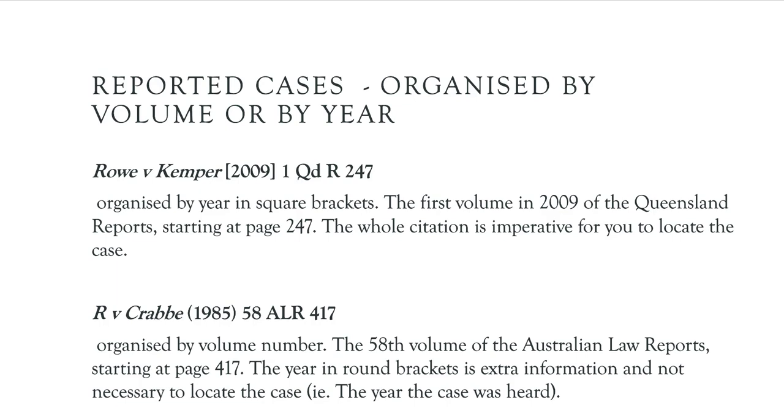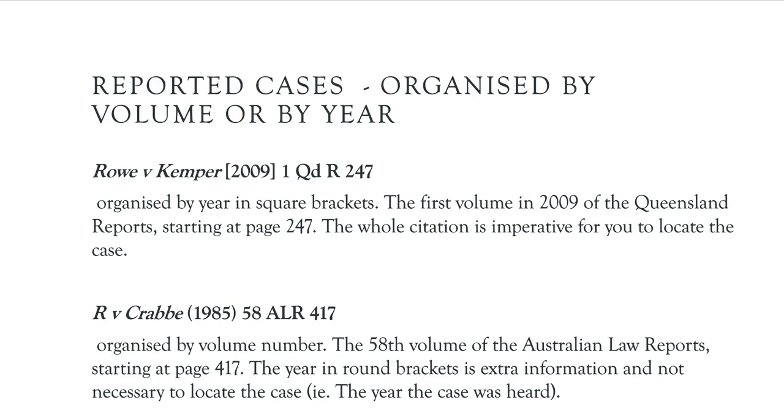We would look on the spine of the book for the year 2009, and you notice that there is a 1 there between that and the law report name. So that 1 indicates that it's the first volume of 2009. So there might be 2 or there might be 3. If you opened the book then to page 247, you would see the starting page of that judgment. And it's really imperative for you to know that that whole citation is needed to locate the case.